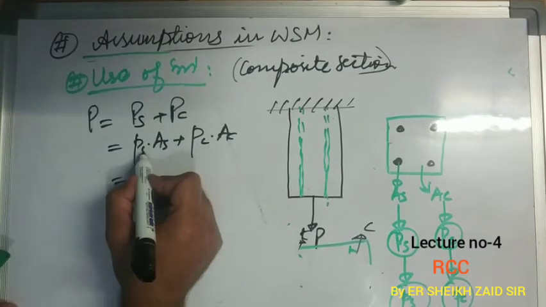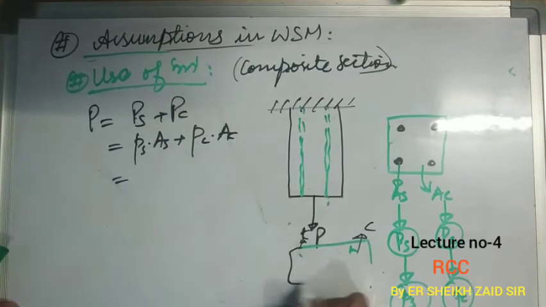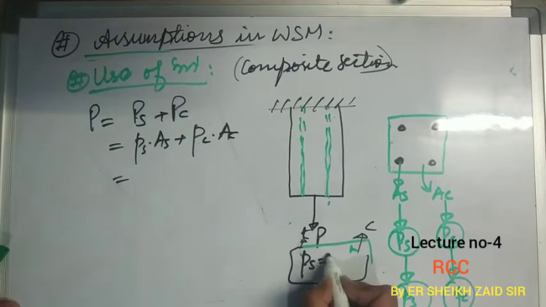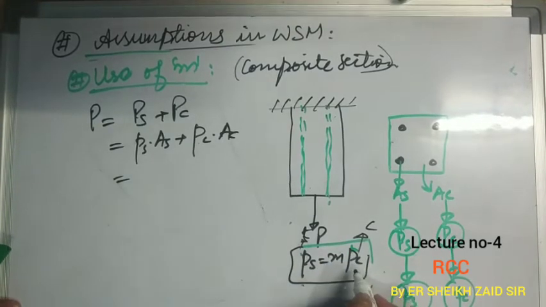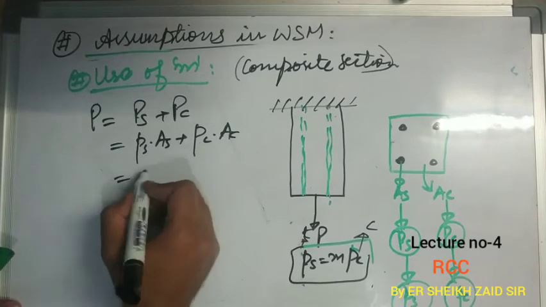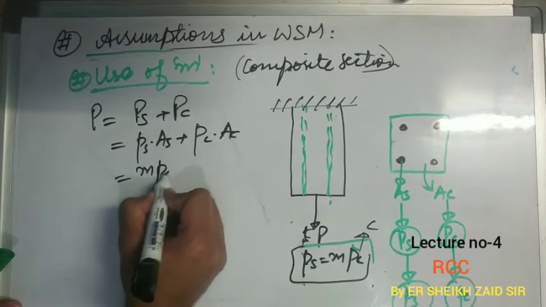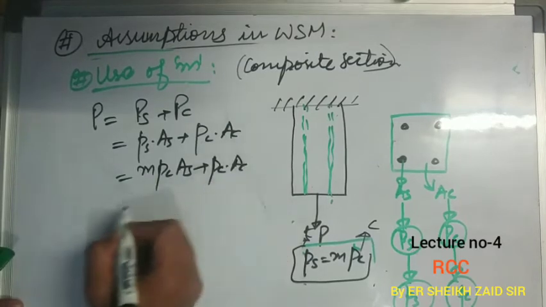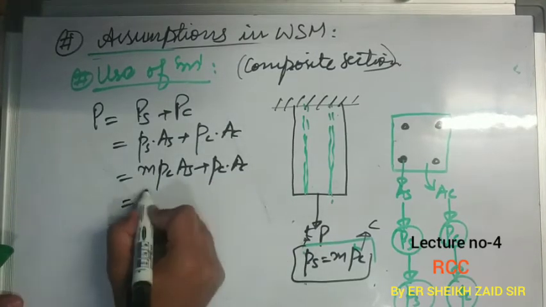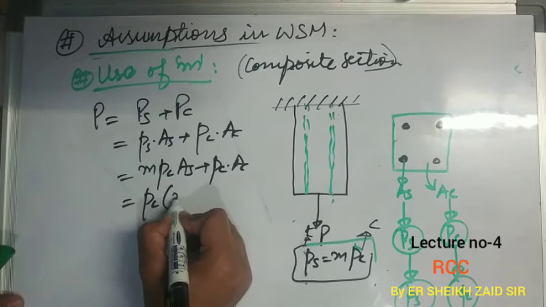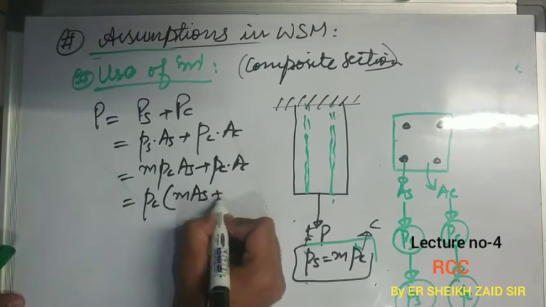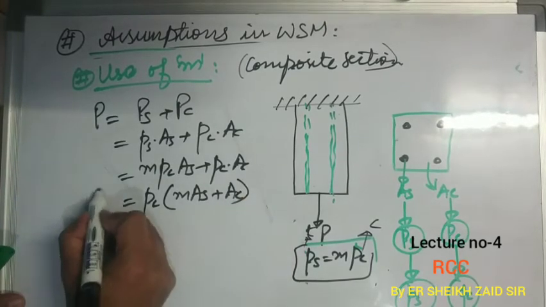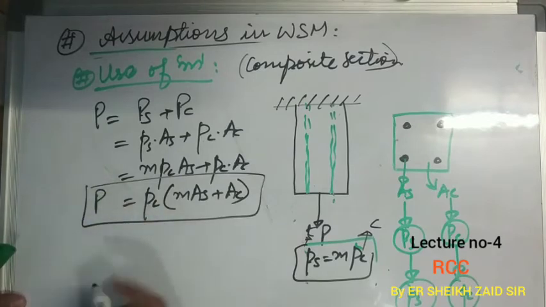And we can write PS is equal to M times PC. So I can replace it: M into PC into AS plus PC into AC, or I can take PC common. It is PC times M times AS plus AC. So total force is this.